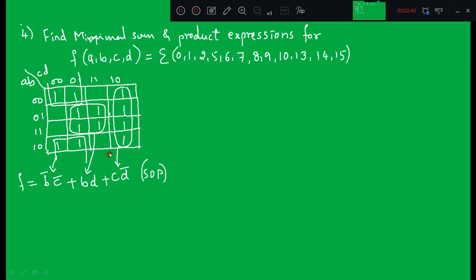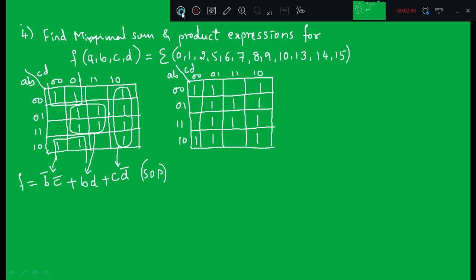Is it possible? Just identify. When I say identify, you have to pause the video and work out whether one more method of grouping is possible or not. Then you continue if you don't get another method of grouping. So I can identify one more method of grouping here.